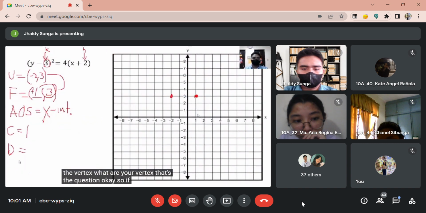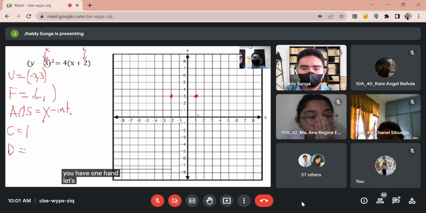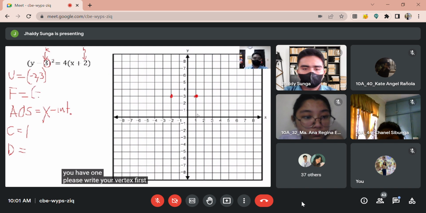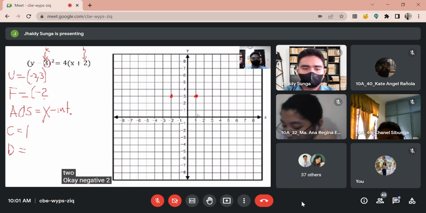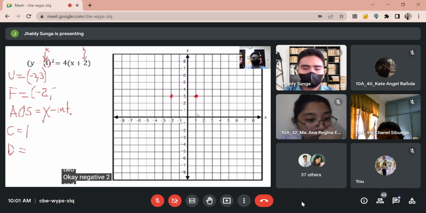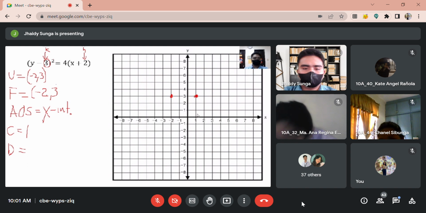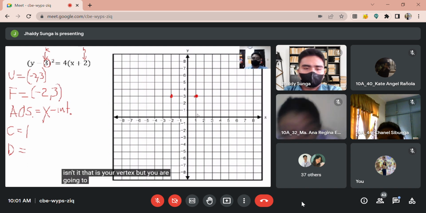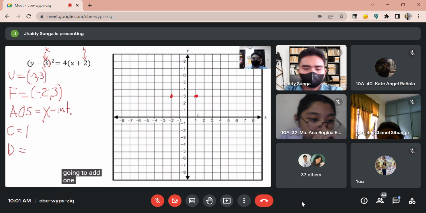What is your vertex? That's the question. Let's clear this up. Please write your vertex first. Negative 2. That is your vertex. But you are going to add 1 to your x.